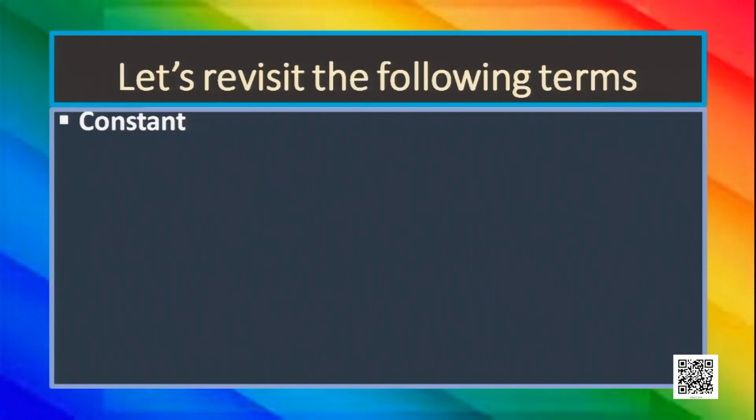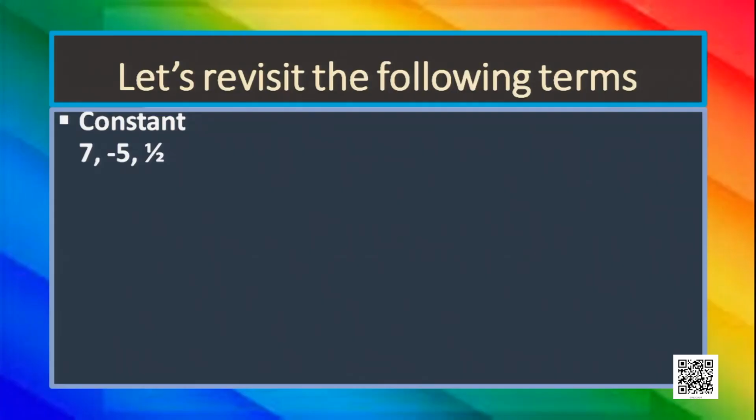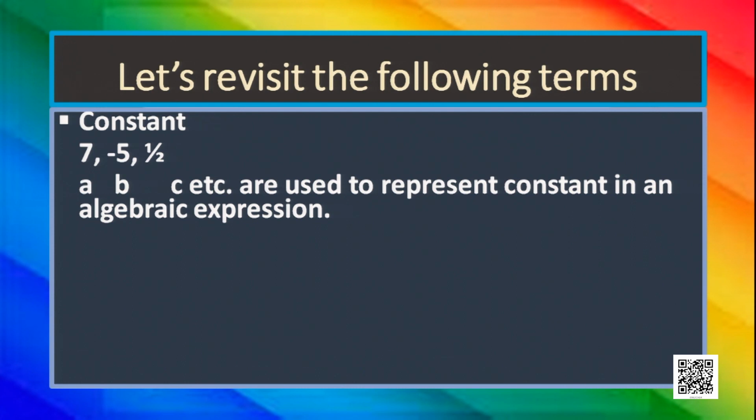So let's start with constant. What is constant? As we know, the constant means the value will not change, such as 7, -5, 1/2. That means all the numbers as we use are usually constants. However, in algebraic expressions, we also use a, b, c.